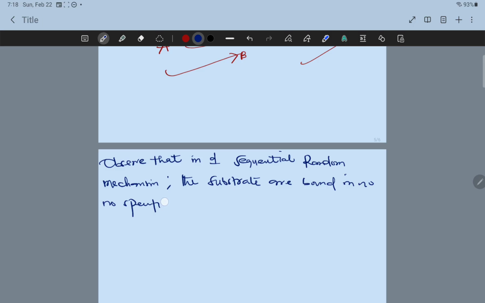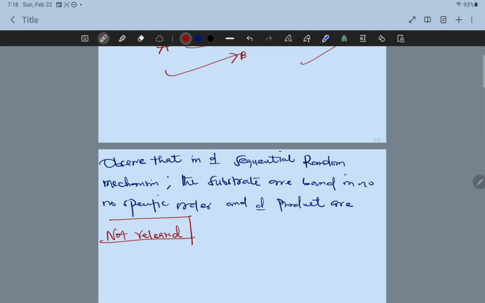There is no specific order. And the products are not released in any particular order. Emphasis on not released. The products are not released in no particular order.